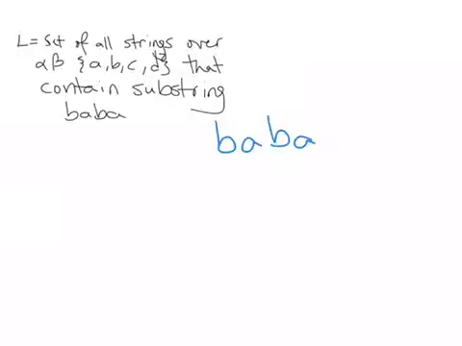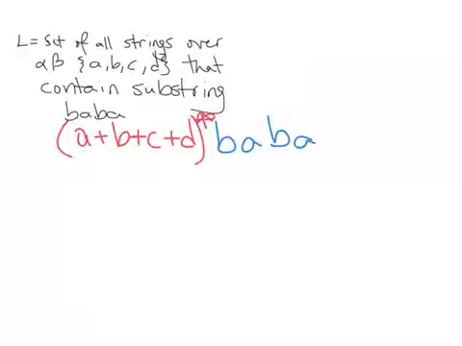I can have any letters before I get to the BABA, zero letters or more. So any string, (A plus B plus C plus D) star. It's even possible that before this particular BABA I have more BABAs in there. That's fine. It doesn't say it has to contain it just once. It just says it has to contain that string somewhere in there.